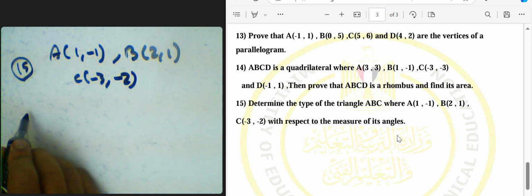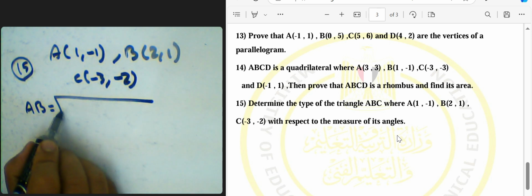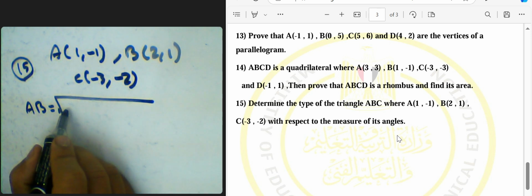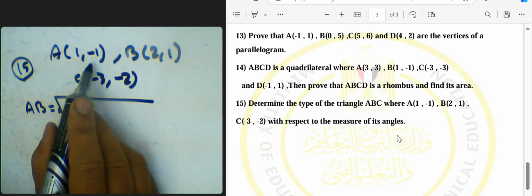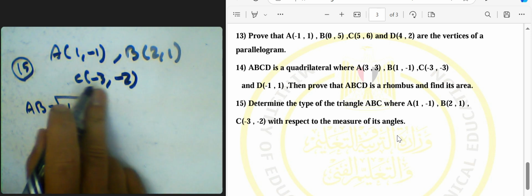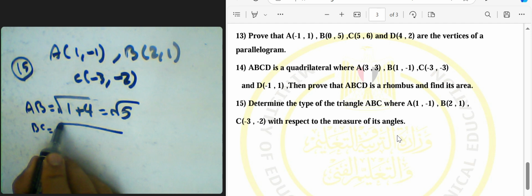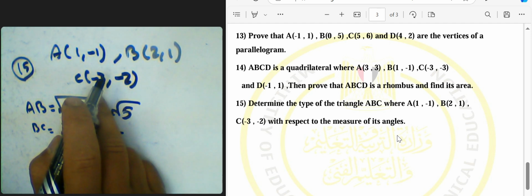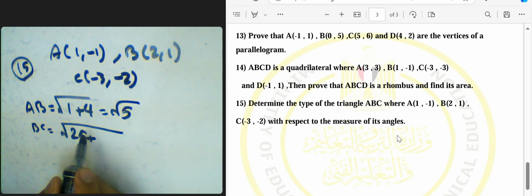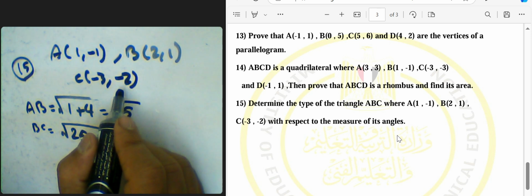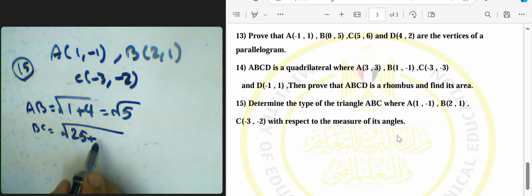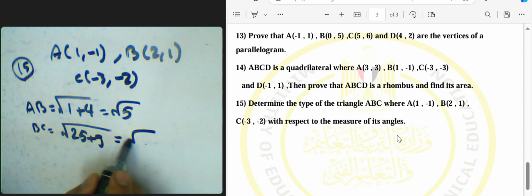First step, we can find the length of AB: square root of (2 minus 1) power 2, which is 1, and (1 minus minus 1) is 2, power 2 is 4. The result will be square root of 5. And BC: 2 minus minus 3 is 5, power 2 is 25, and 1 minus minus 2 is 3, power 2 is 9. 25 plus 9 is 34.